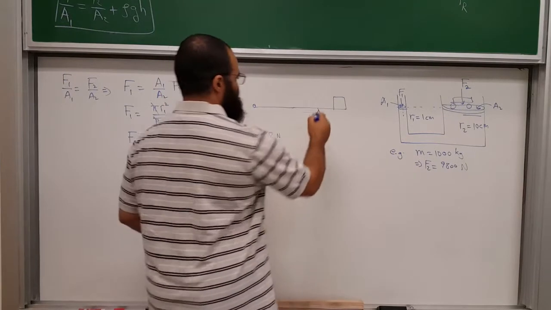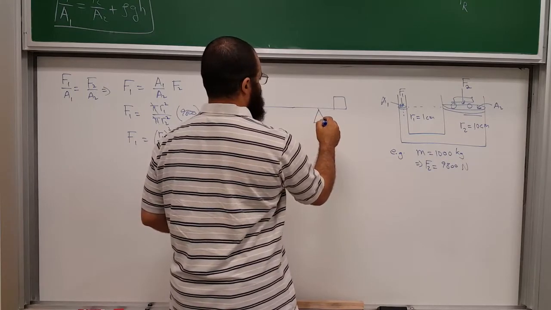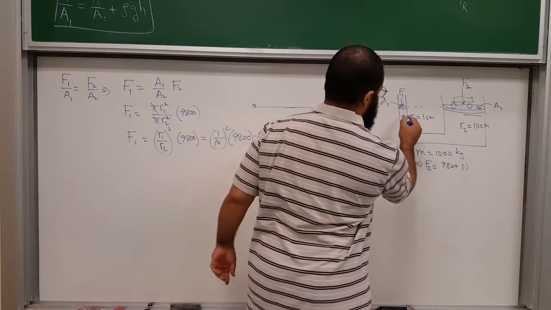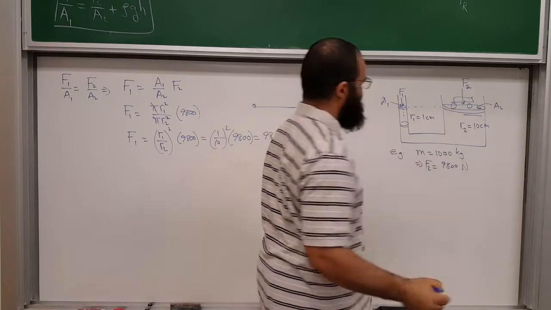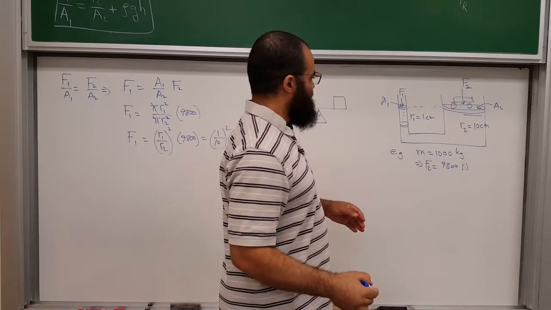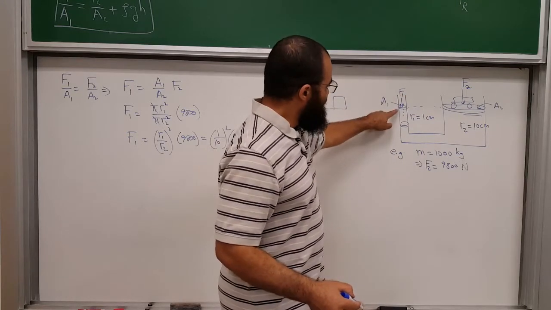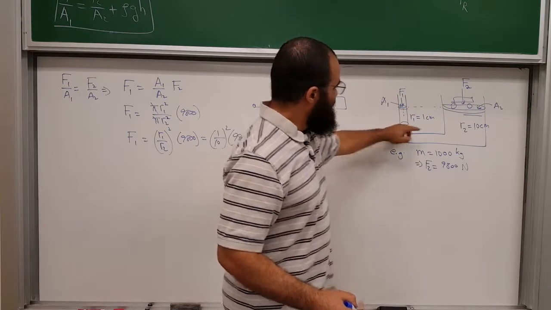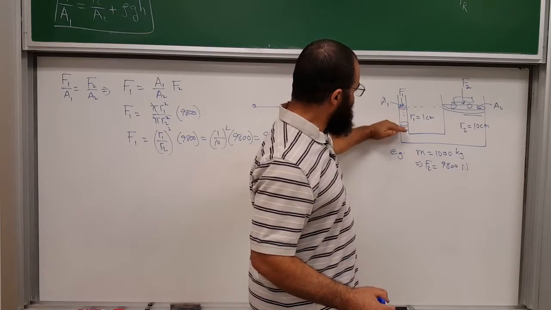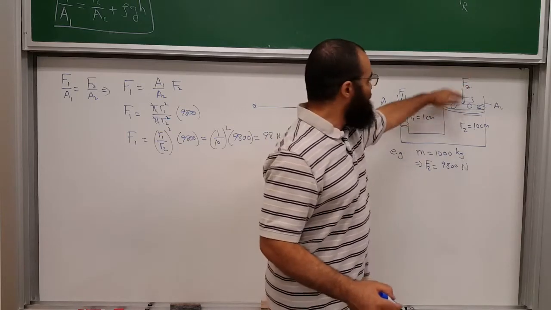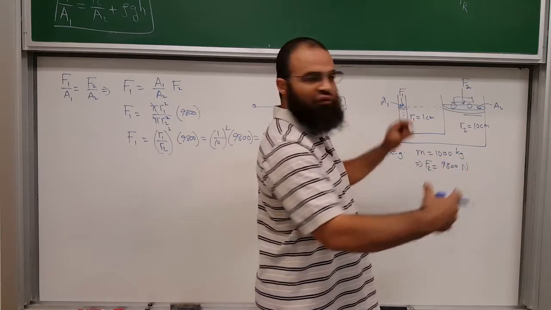The reason is, when this piston drops by 100 centimeters, that one rises only by 1 centimeter. Why? Because the fluid that you displace here has to move to the other side. The volume of fluid moved from here has to come to the other side, but because the area there is 100 times larger, the height is just 1/100.